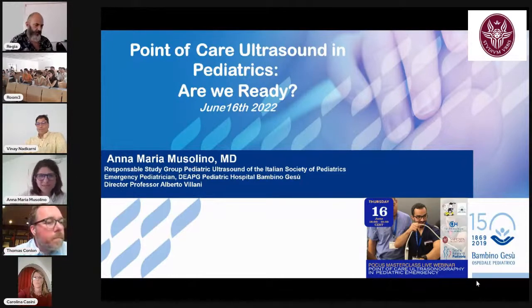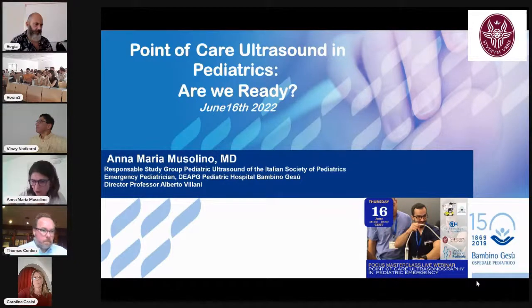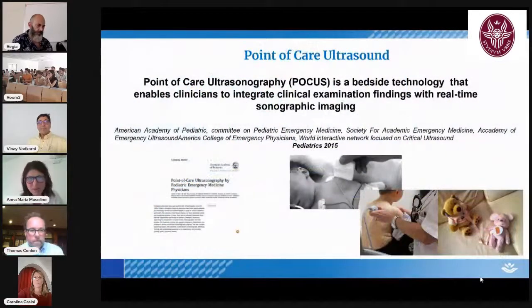So, this is the question of point of care ultrasound in pediatrics. I think this is the right moment to state that we have to start to believe in and use POCUS in pediatric emergency. But what is point of care ultrasound?